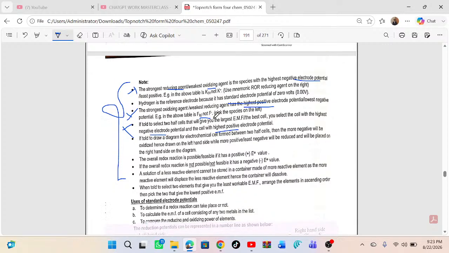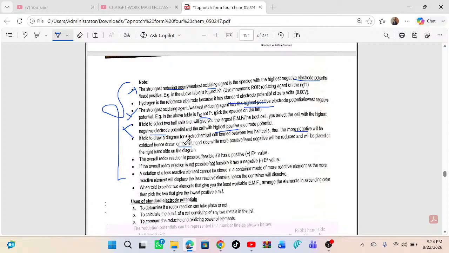Number 4, if you told to draw an electrochemical cell formed between two half cells, the more negative will be oxidized. So the more negative itakuwa oxidized, hence will be drawn on the left. Hiyo tumepitia because any element that will be oxidized itakuwa inachora wapi? On the left.